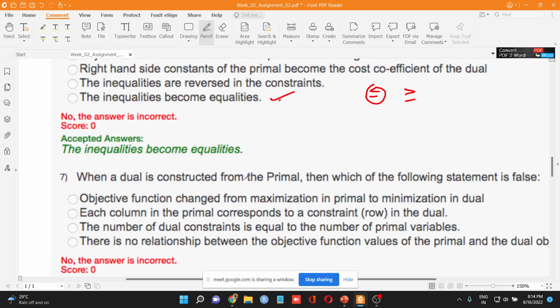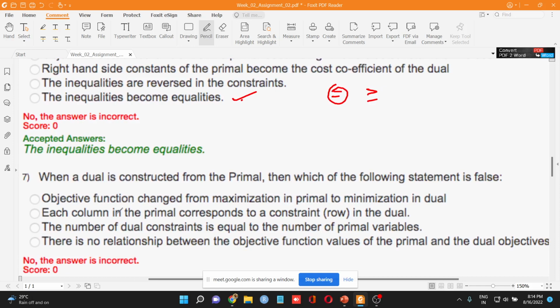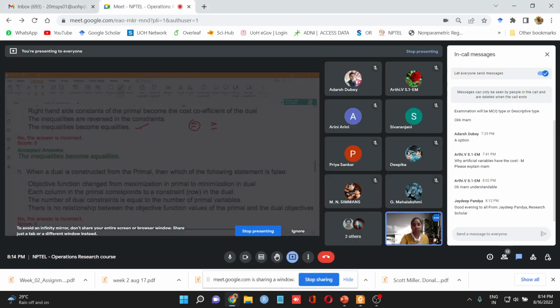So it is also a similar type of question. Please let me know, we have to identify the false statement. Everyone, please respond in the chat box. The objective function changes from maximization in primal to minimization in dual. Is it true or false? True, ma'am.